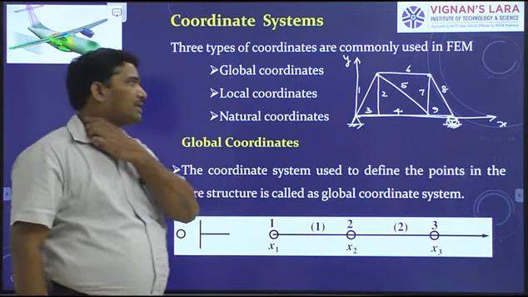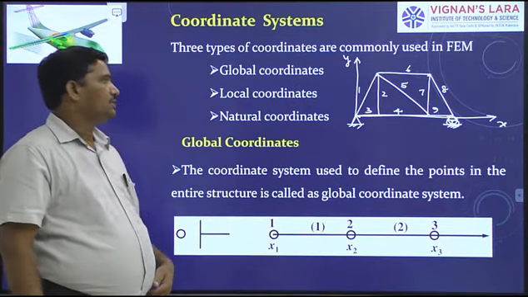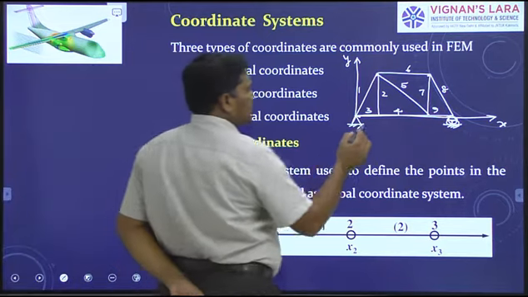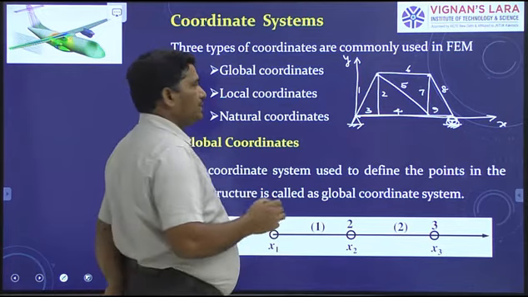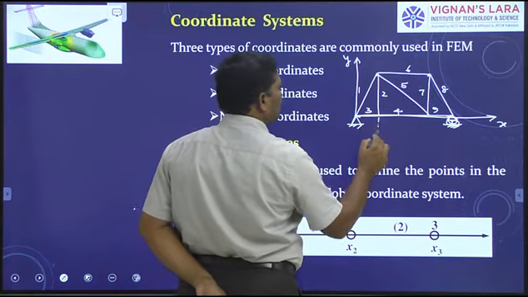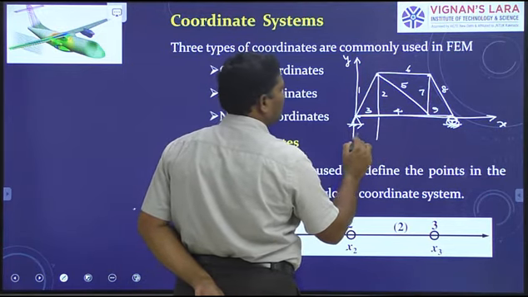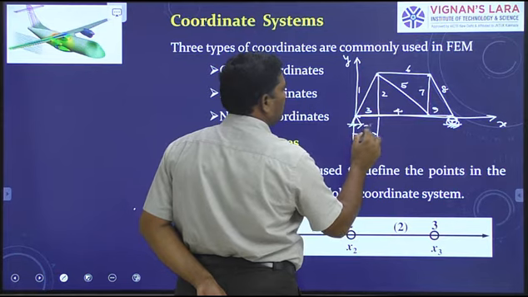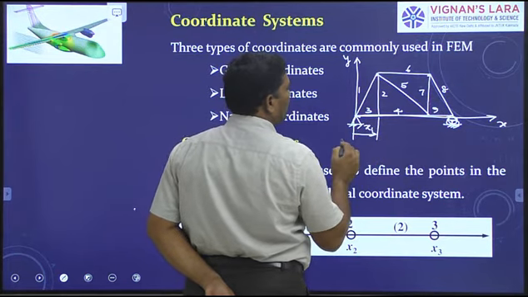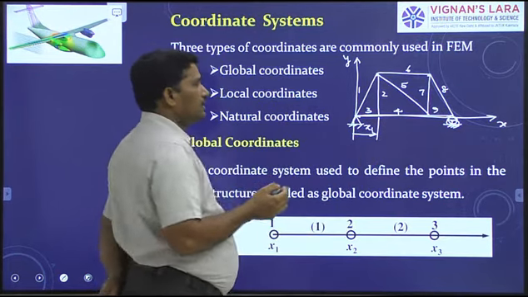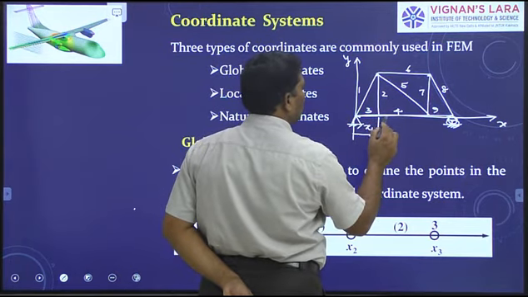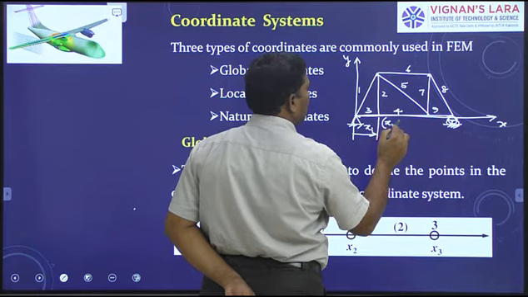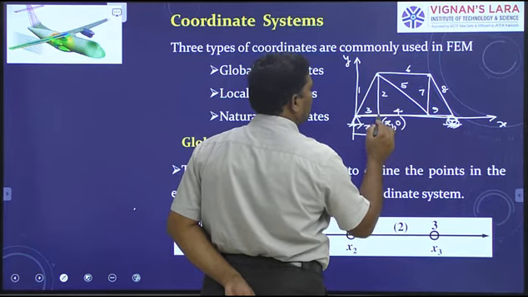X and y are the Cartesian coordinates. To specify this point, you want how many coordinates? Two coordinates. The first coordinate is x1 and the second coordinate is y1. So y1 is 0 here. So what are the coordinates therefore? x1 and 0. These are the coordinates of this point.